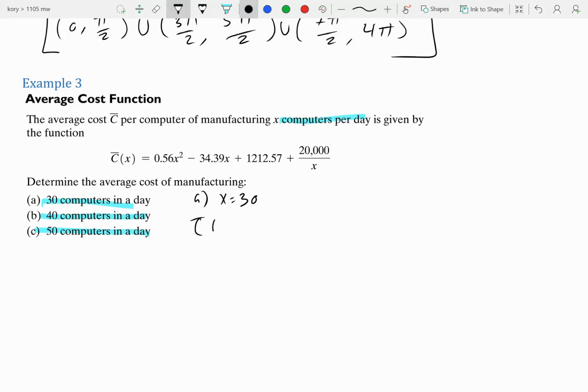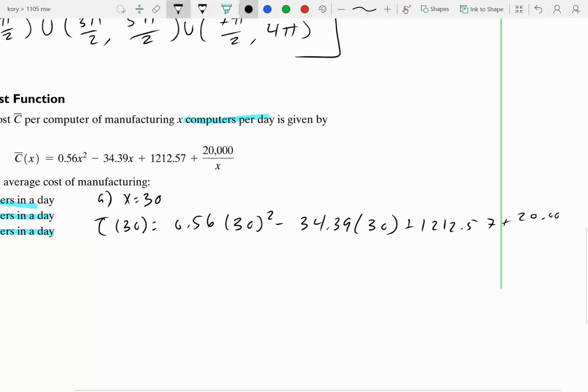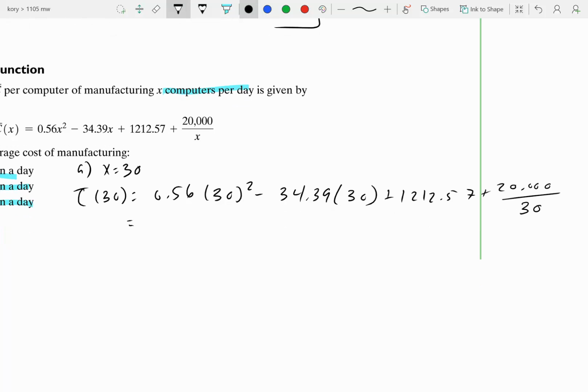So C of 30 equals 0.56 times 30 squared minus 34.39 times 30 plus 1,212.57 plus 20,000 over 30. And from here, you're just going to simplify it all. Be careful with your calculator. So we do 30 squared times 0.56, and we are left with 504. 34.39 times 30 is 1,031.7.